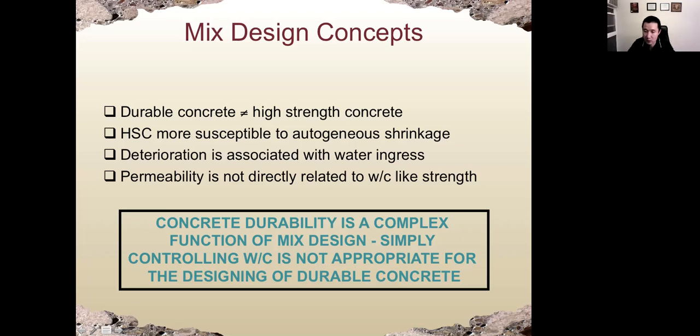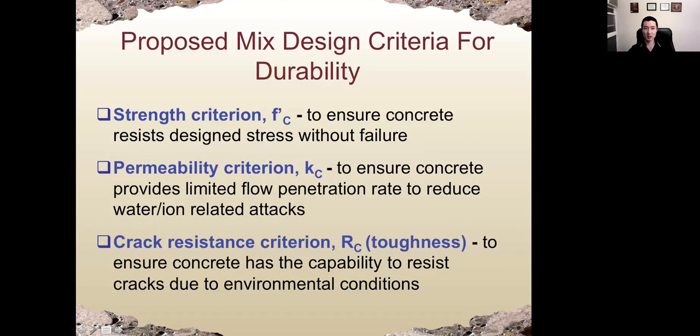Strength is closely correlated with water cement ratio, but not permeability. So concrete durability is very complicated. Controlling strength by reducing the water cement ratio is not very effective. So instead of strength, we also need to consider permeability.